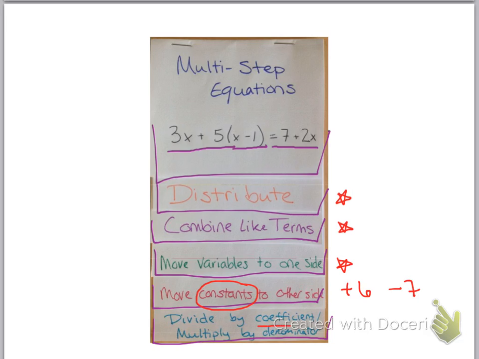Do you know what a coefficient is? A coefficient is a number in front of a variable. It could be the 2, it could be the -3. Okay? So fill out that foldable with those steps.